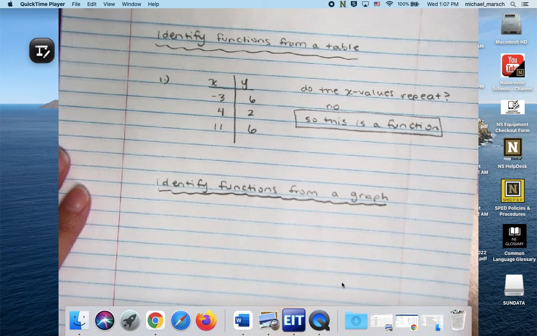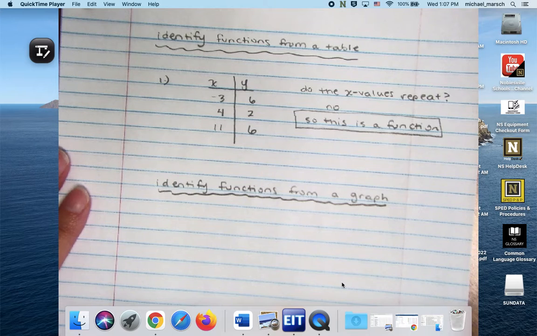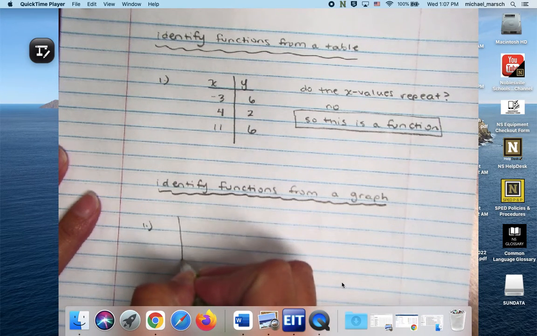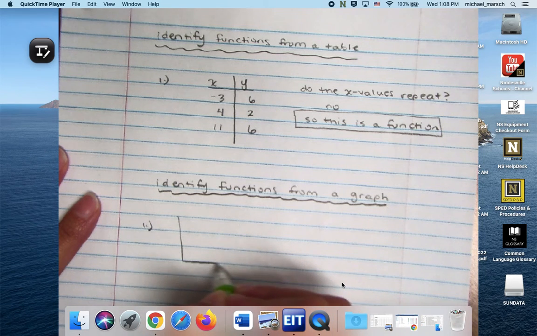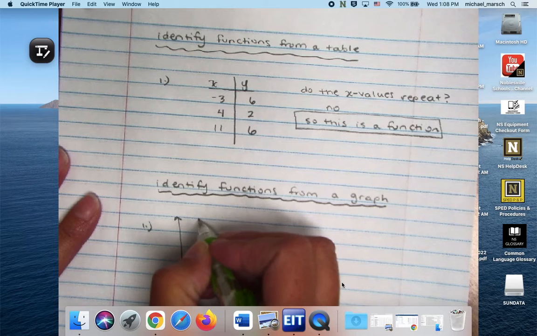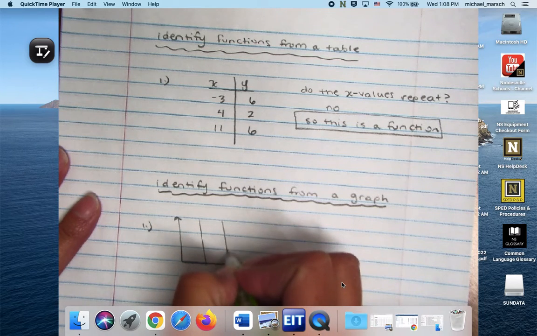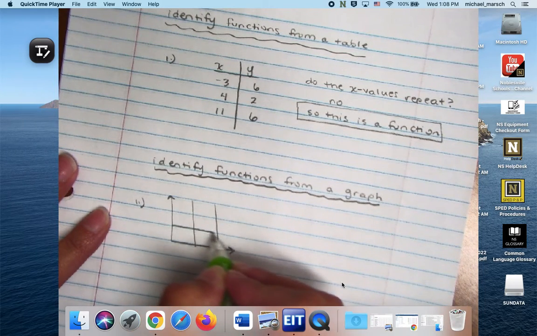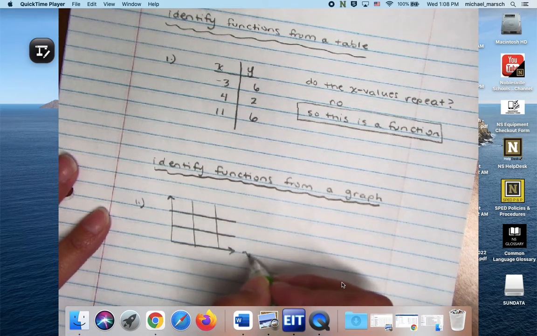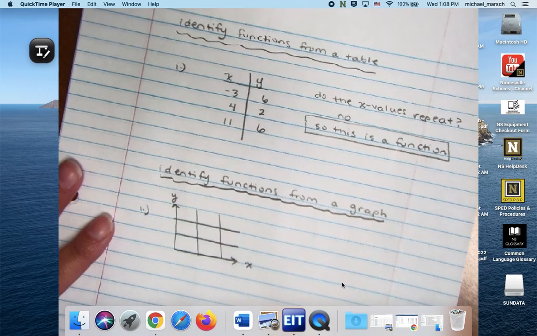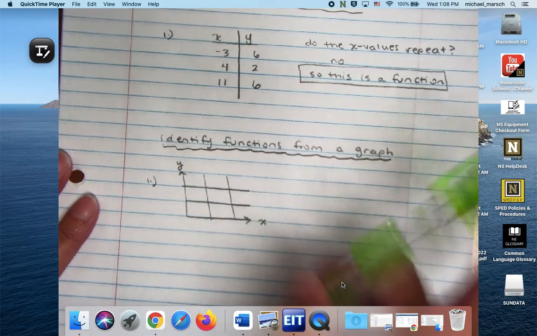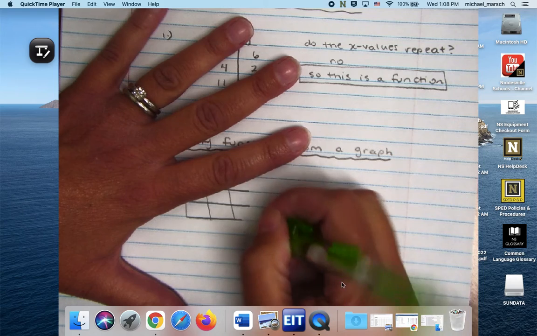I'm going to give you a yellow. A little bit bigger.